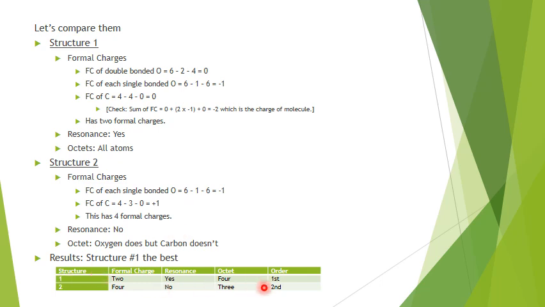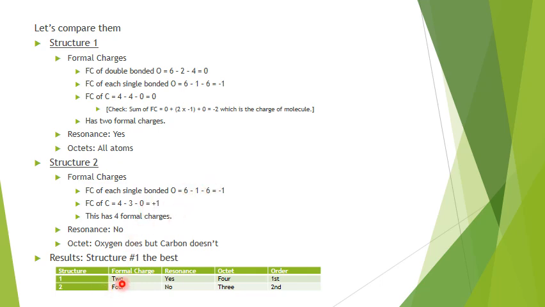So put it in a table. The first structure has 2 formal charges, both coming from the oxygen. It has resonance structures, and it should have 3 octets. The second structure had 3 formal charges.